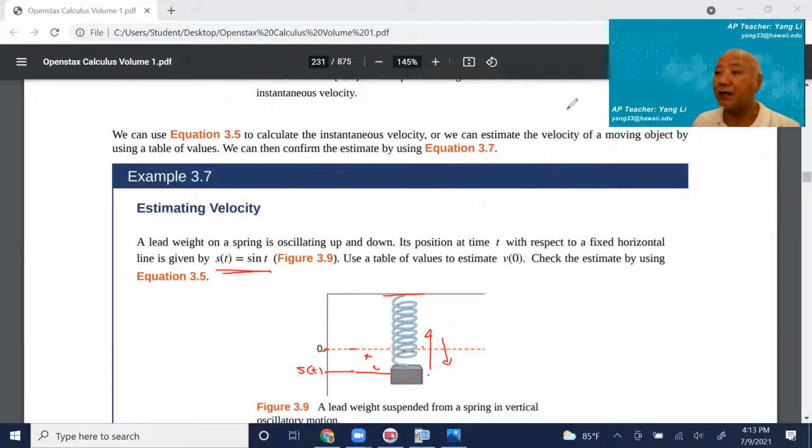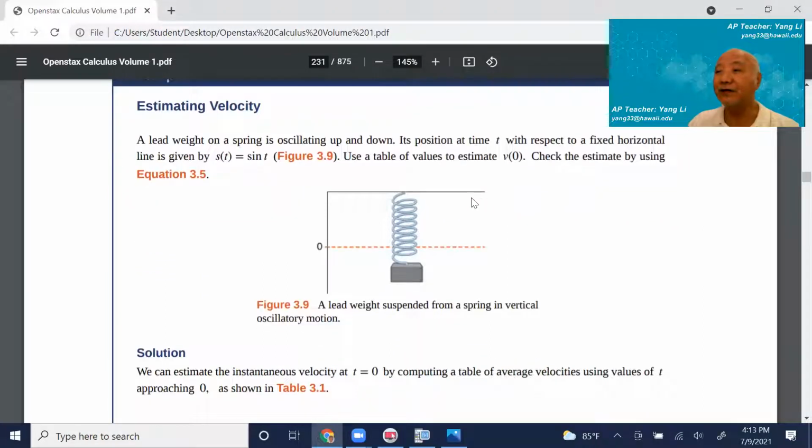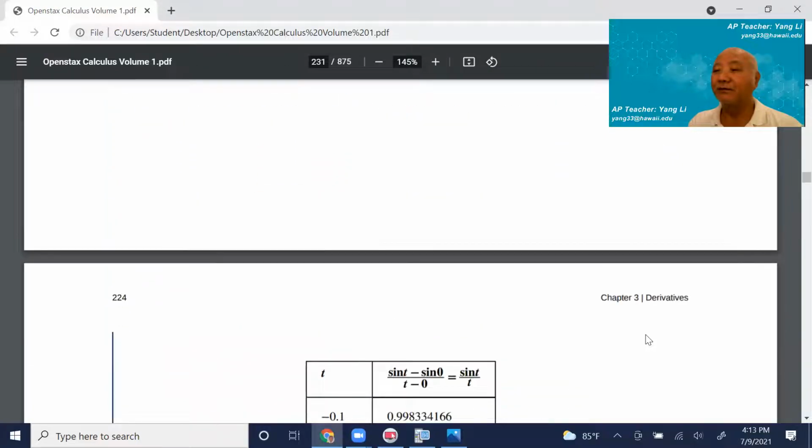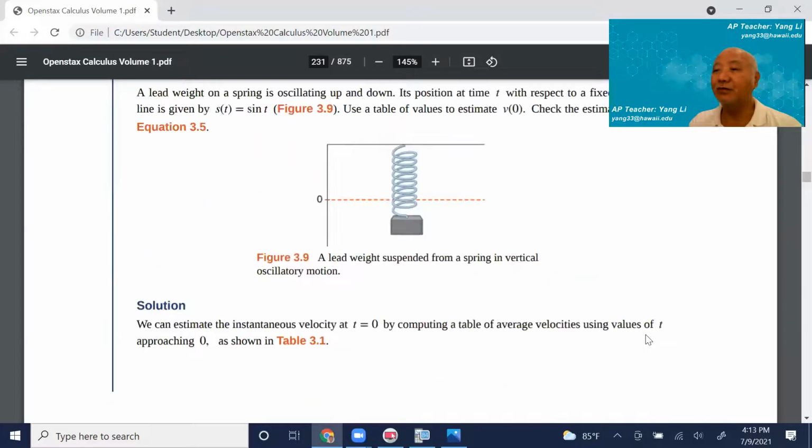And when you have this harmonic motion, they ask you to find what here? Use a table of velocity to estimate v(0), meaning the velocity at t equals 0, at the beginning. So what we're going to do is use the 3.5 equation.